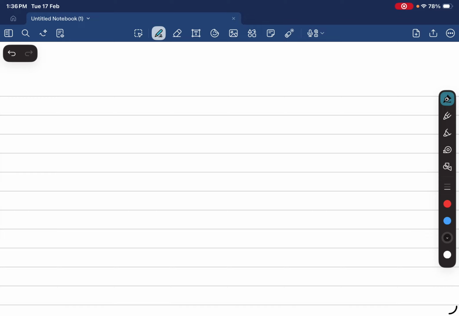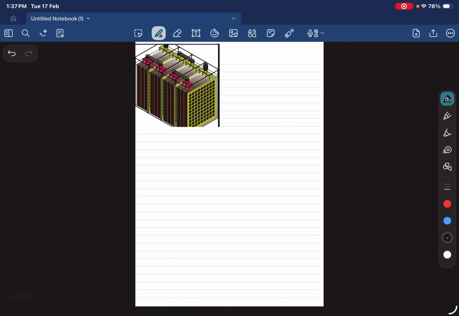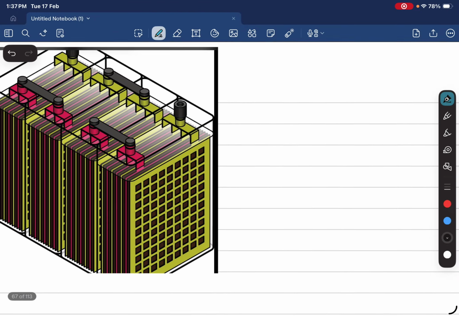Next is the most important one, the lead acid storage battery. Here, let's see how it will be. The next cell is the lead acid storage battery.